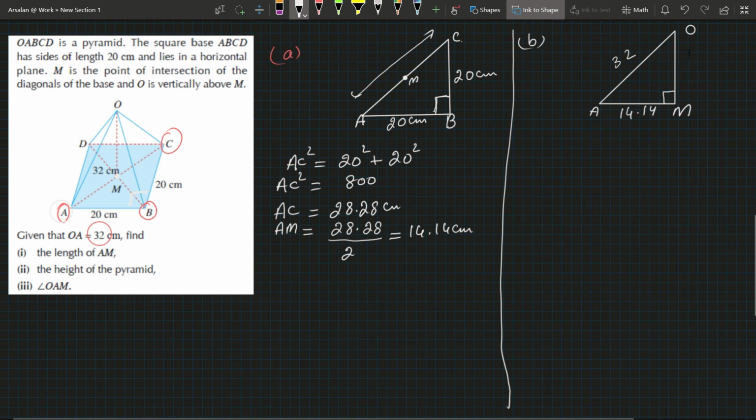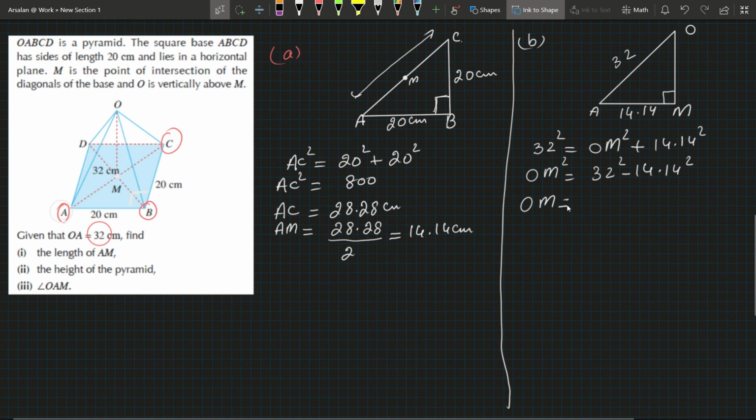Again I need to find OM, and it's a simple Pythagoras part. 32 square equals OM square, which is unknown, plus 14.14 square. So OM square equals 32 square minus 14.14 square, and then use your calculator and take the square root to find the answer of OM.